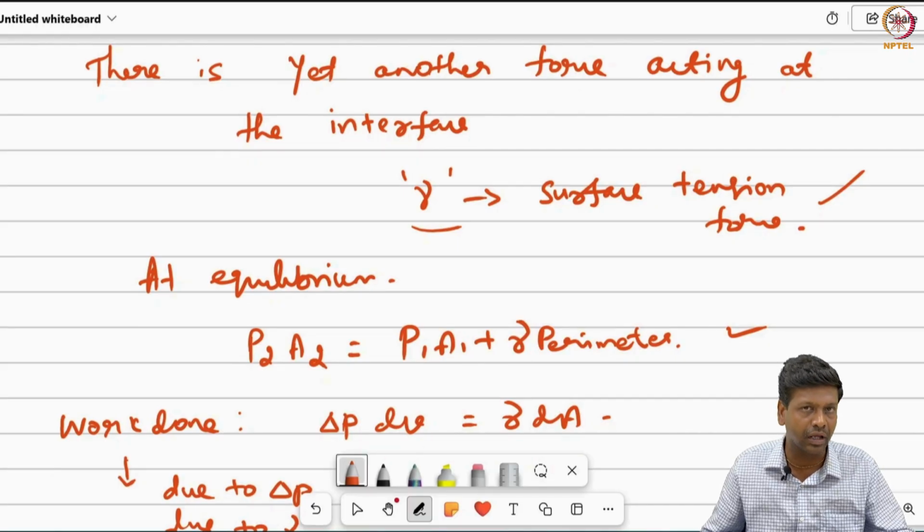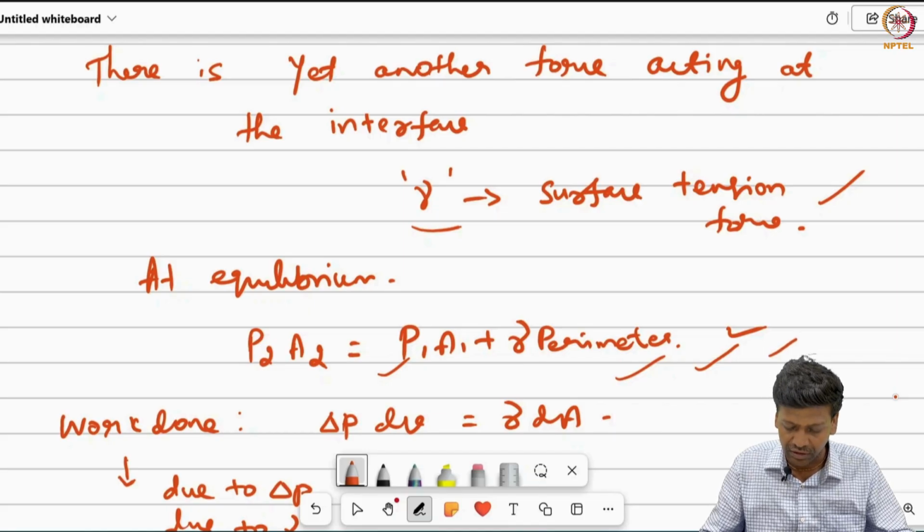Now, if you were to perform a simple force balance on these curvatures or various geometries, you would understand that you also have to include gamma, which is nothing but the surface tension. You have the outside pressure acting on a given area, and the inside pressure acting on the area downward, and then you also have the surface tension force multiplied by the perimeter.